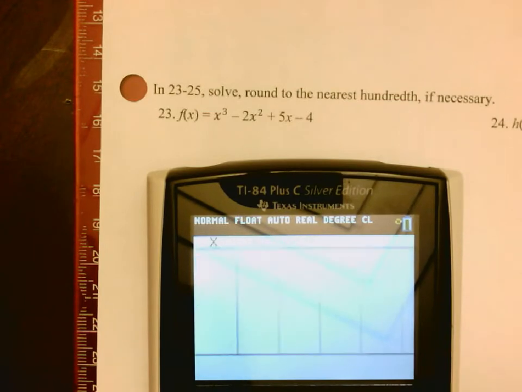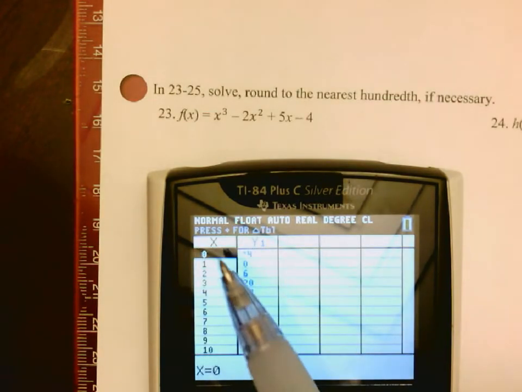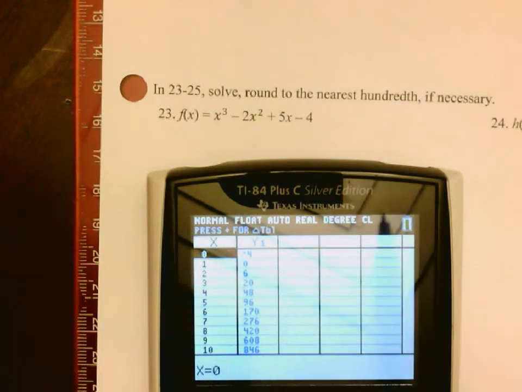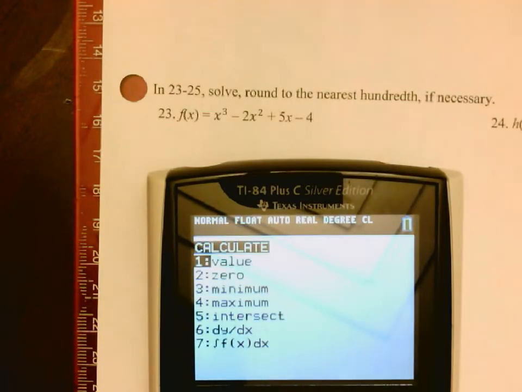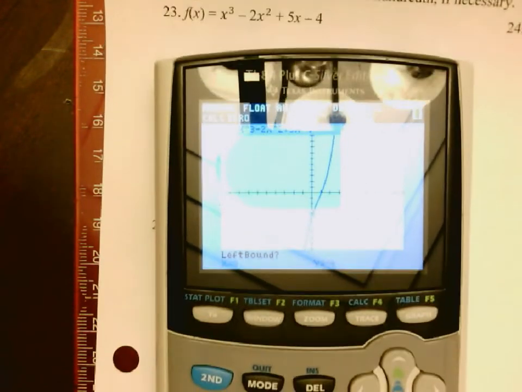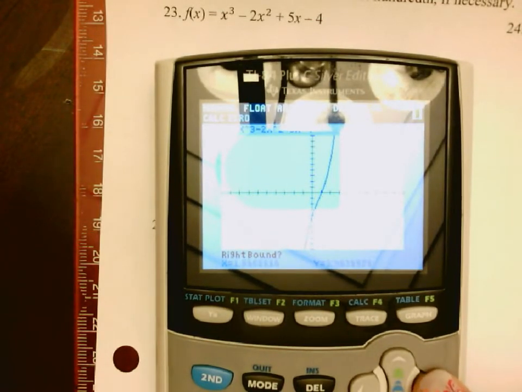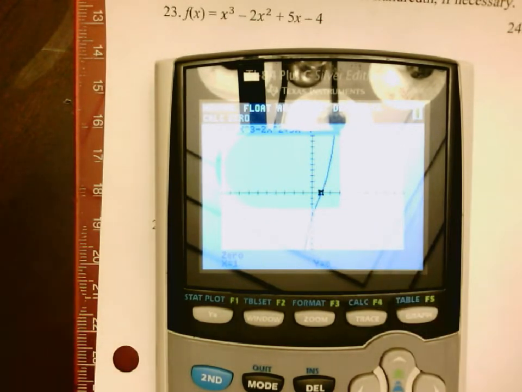Second table. If I go to the table, I can see at 1, there's his answer. If not, second calc, 2. Type in a number over here off to the side, or hit enter on left side. Move across, hit enter. It gives me the value of 1.